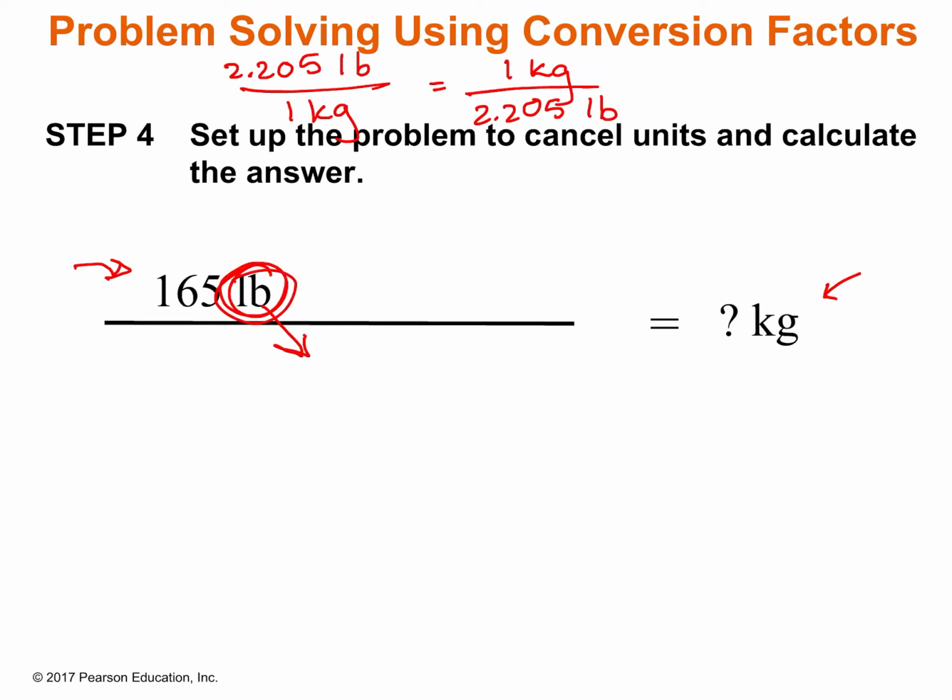So if I have pounds up here on the top, my conversion factor needs to have pounds on the bottom so that they will cancel out. Out of these two conversion factors, we're only ever going to use one of them. You just need to figure out which one. So since we have pounds on the top, we need pounds on the bottom. So that one is what we're going to use.